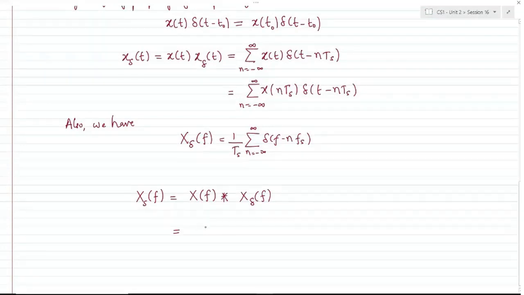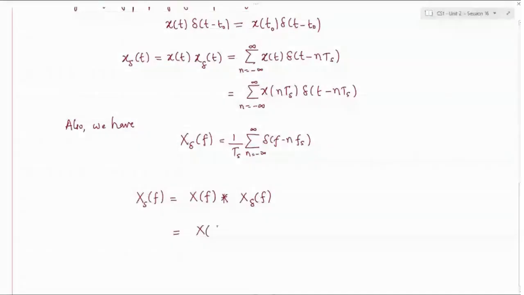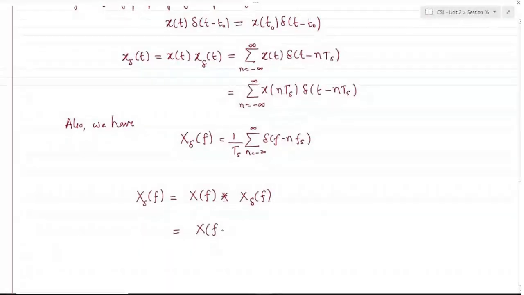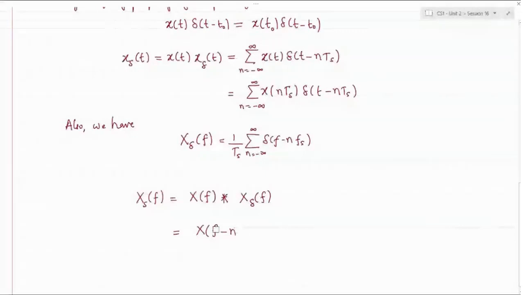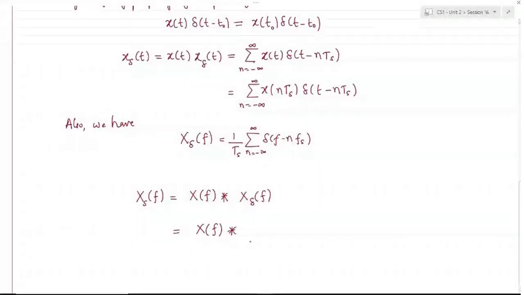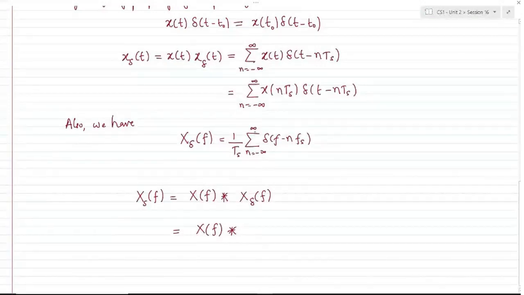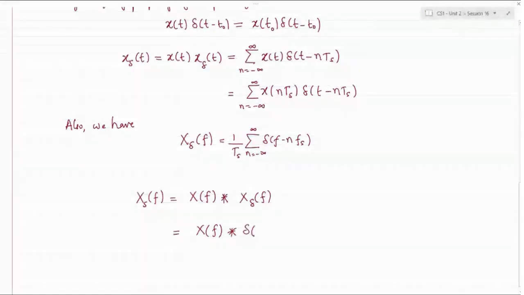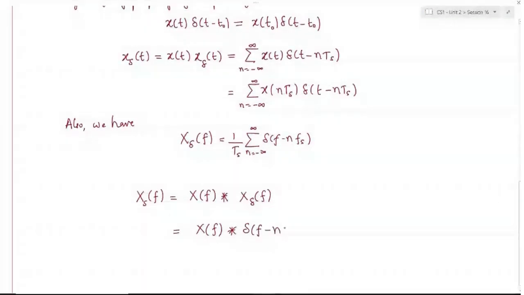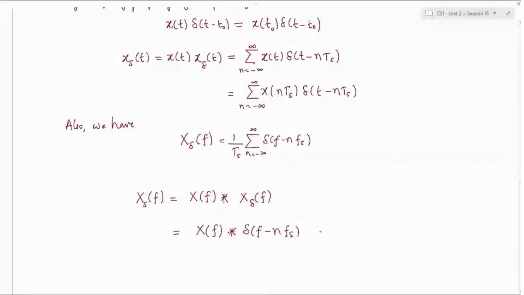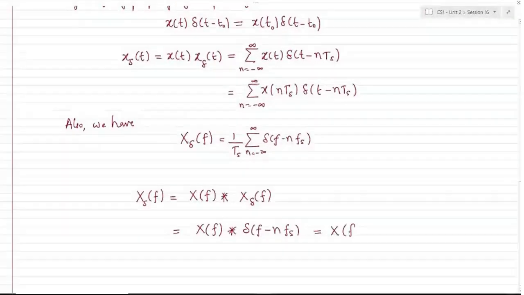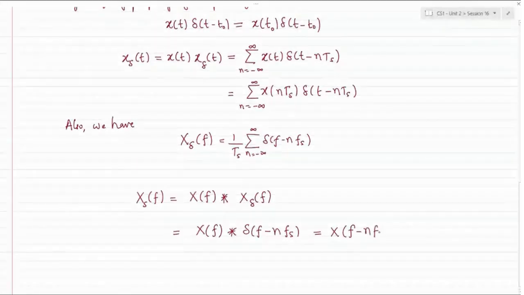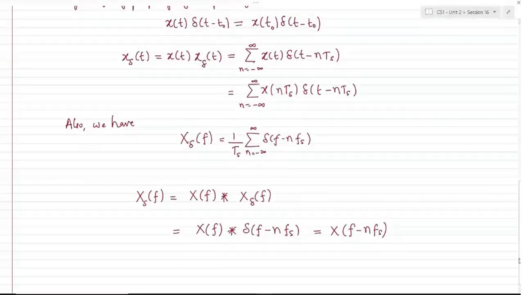This simply gets simplified as x of f minus, okay, I'll just write an intermediate step. This is nothing but x of f convolved with the summation of several delta functions. If I take in general delta of f minus nfs, this is nothing but x of f minus nfs itself, again using the convolution property of the delta function.